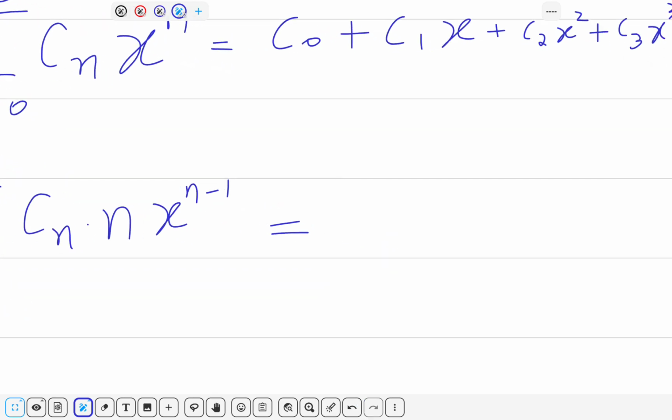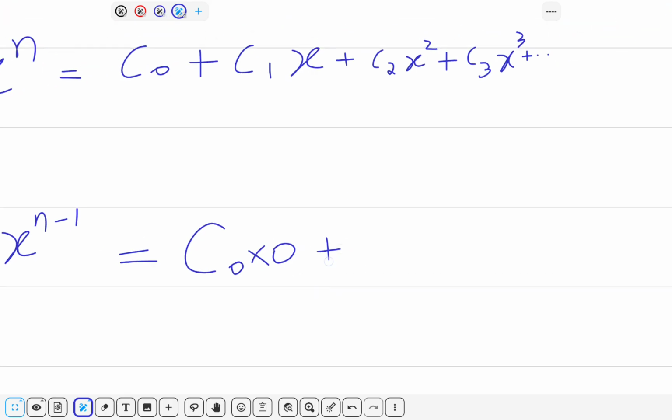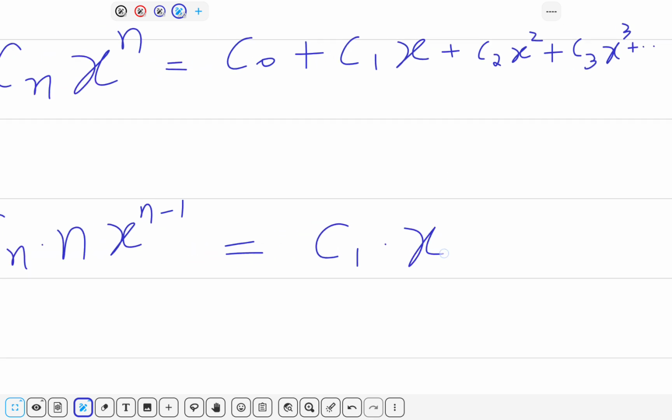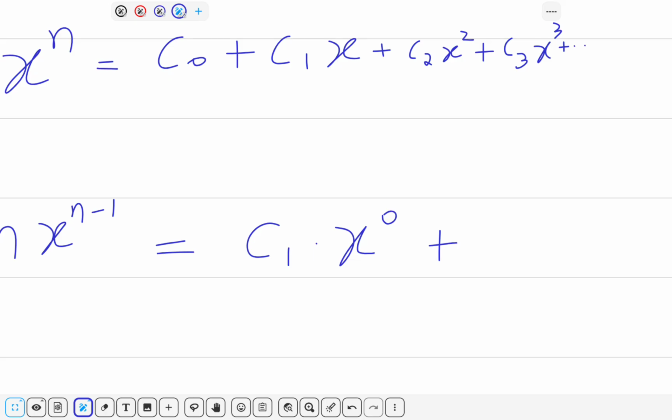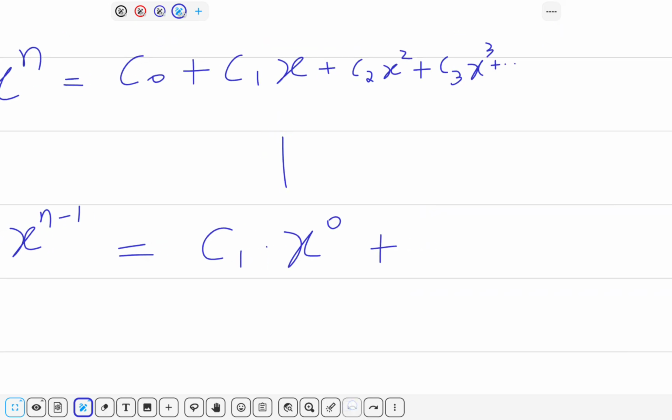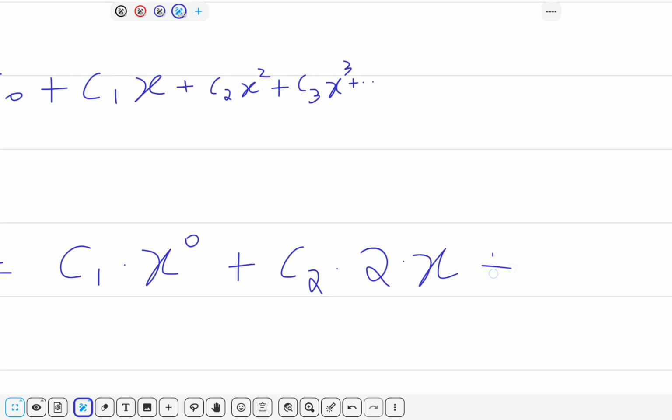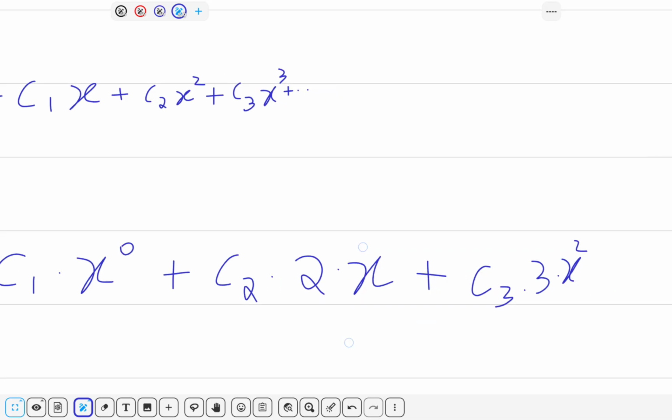So this will be something like c0 times 0 because it's gone, plus, okay, no, not even needed, this is something like c1 times x naught plus, I just differentiate this, c2 times 2 times x and so on, just classic differentiation.